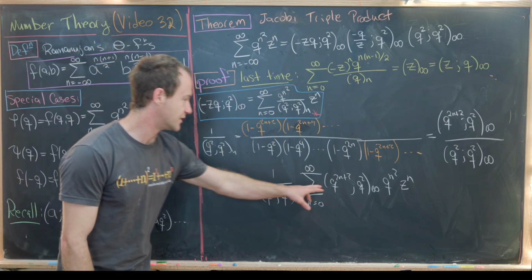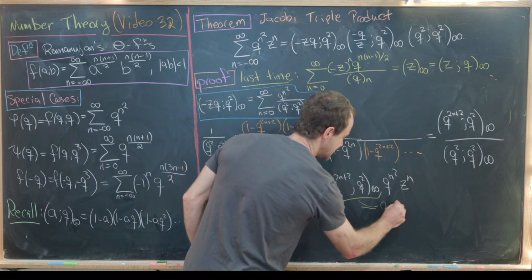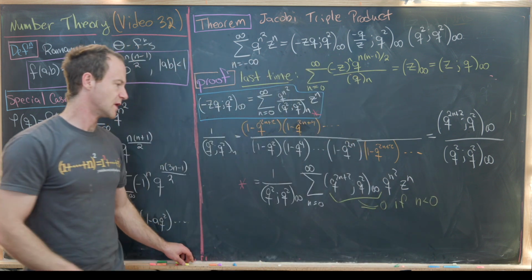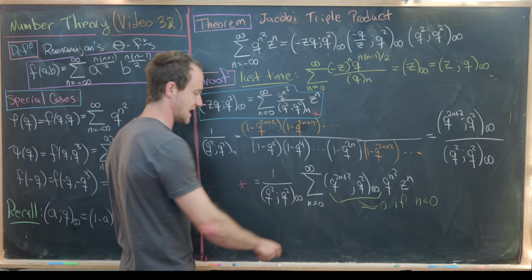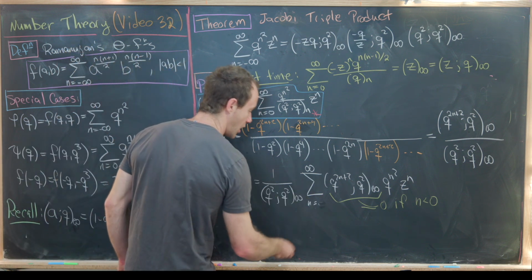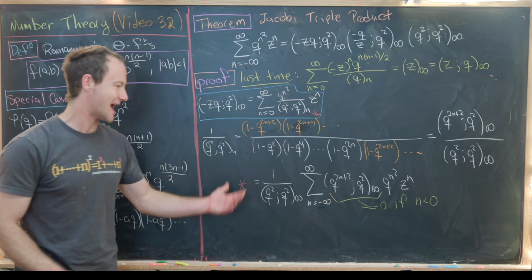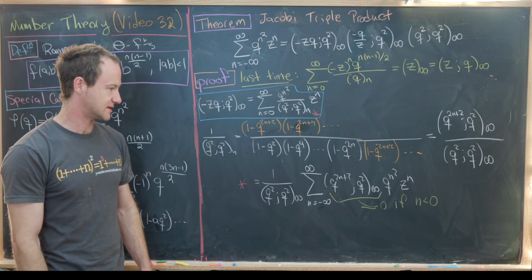Now, next up, I'll notice that this object right here is equal to 0 if n is less than 0. We'll do a little proof of that right here, but the takeaway is that we can add in all of the negative integer terms with no problem because we're just adding a bunch of zeros. Let's check that that makes sense.